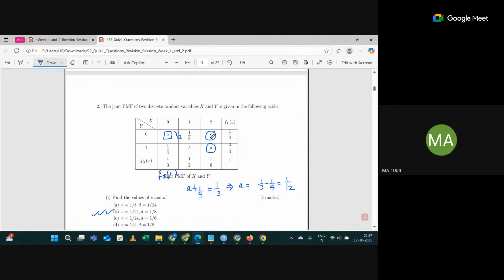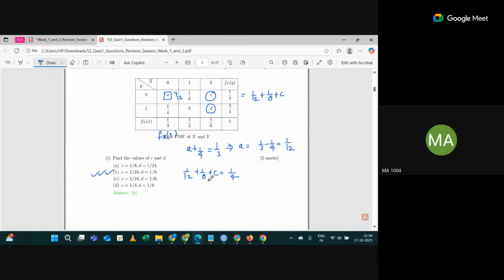Now, what is the value of C? Basically, what is this 1 by 4? So this 1 by 4 is equal to 1 by 12 plus 1 by 8 plus C. Would you agree with me? Yes. So let me write: 1 by 12 plus 1 by 8 plus C is nothing but 1 by 4.